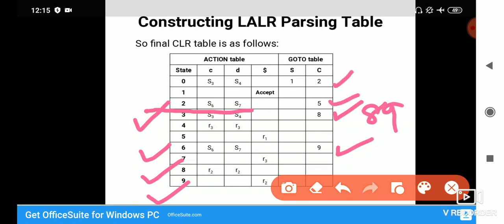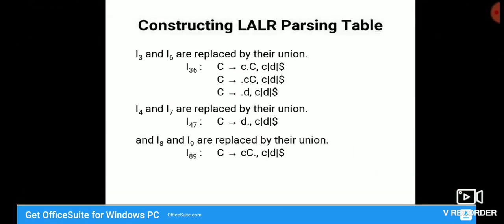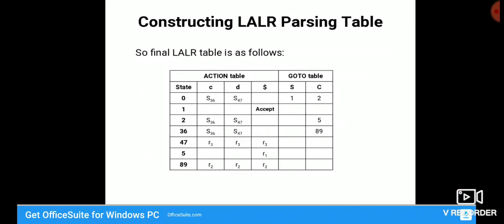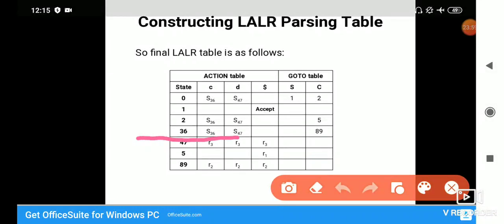The rest will have no changes, and this 6th row will be removed from the LALR parsing table. We will see this in the table. See, here you can observe that it is written under S3 6th row. You can see in the GoTo column it is written as 8 9. So this is how we do the merging.